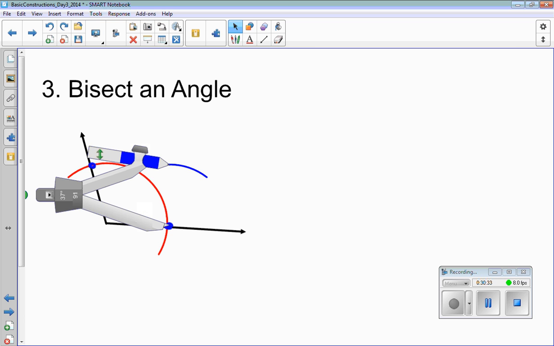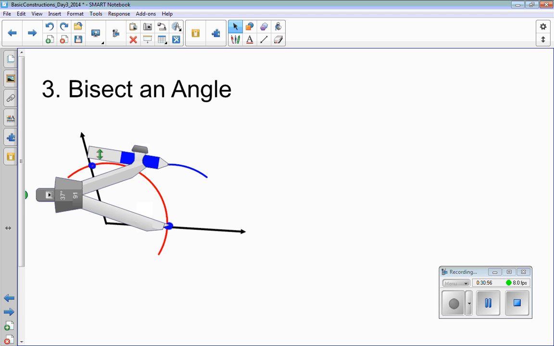Well, just one for now, because Deshay asked a great question. Does it matter if I open my compass to make that blue mark? No. But now, once you've made the blue mark, you can't open or close it.